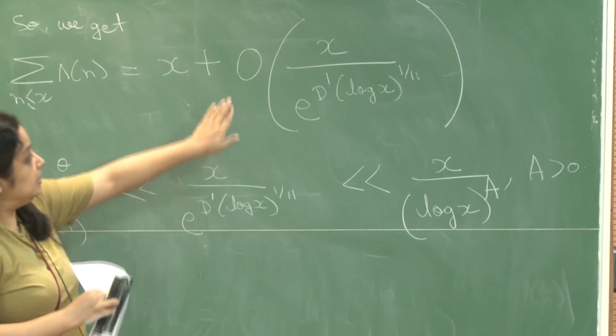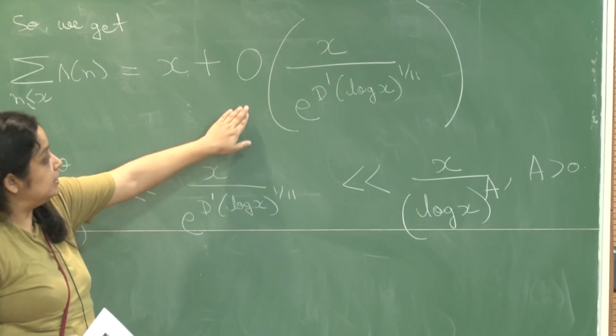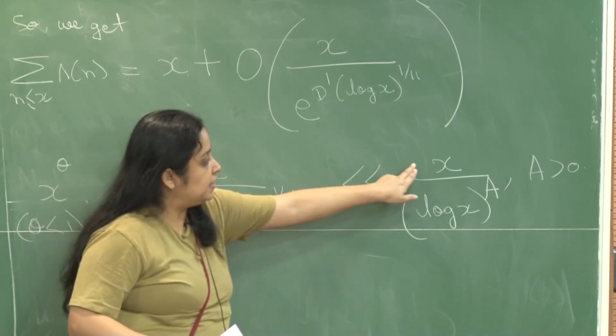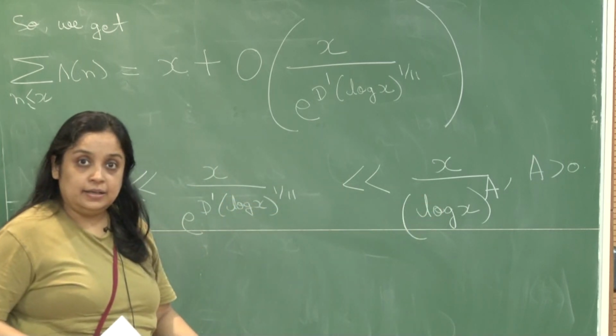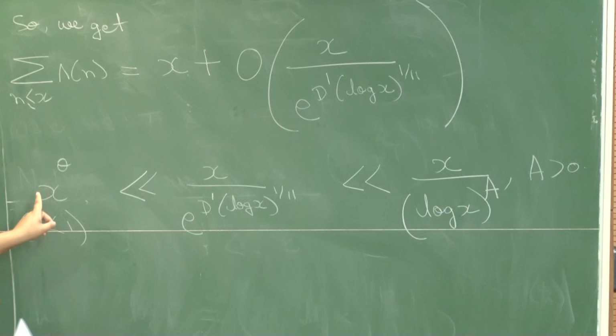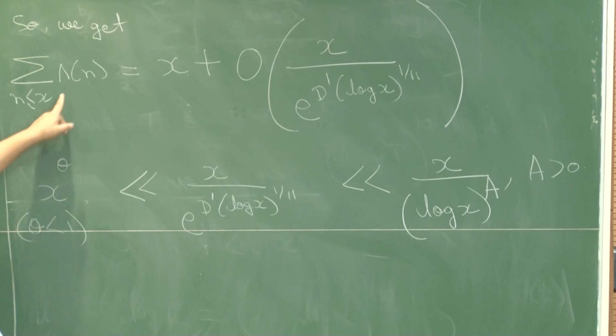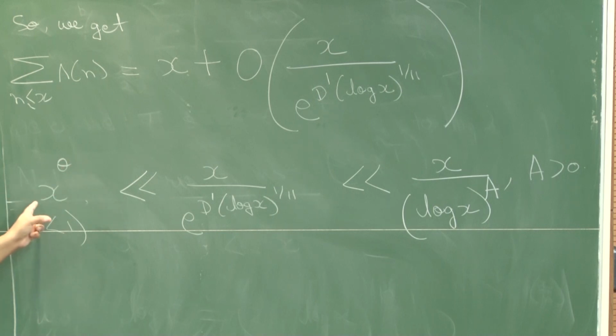So, this is a sharper error term than just writing O of x over some power of log x. But even better is to be able to say that the error term is O of x to the theta. So, we haven't quite yet reached here.